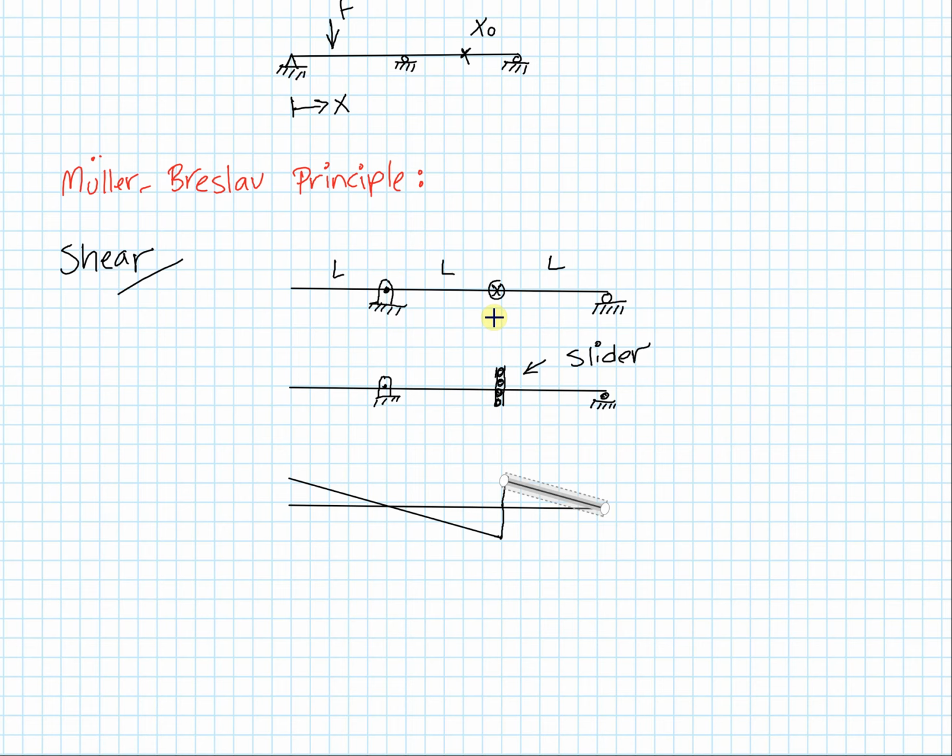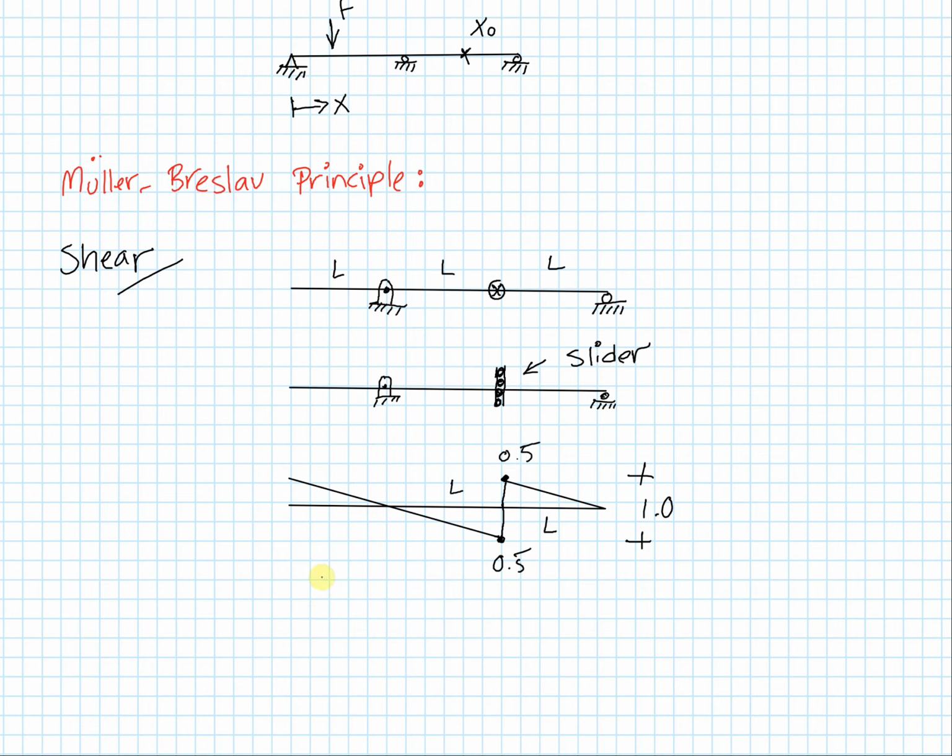And what the Muller Breslav principle tells us is that the total amplitude between this maximum position and this minimum position must equal 1. And so because these two lengths are equal, these magnitudes are going to be equal, 0.5.